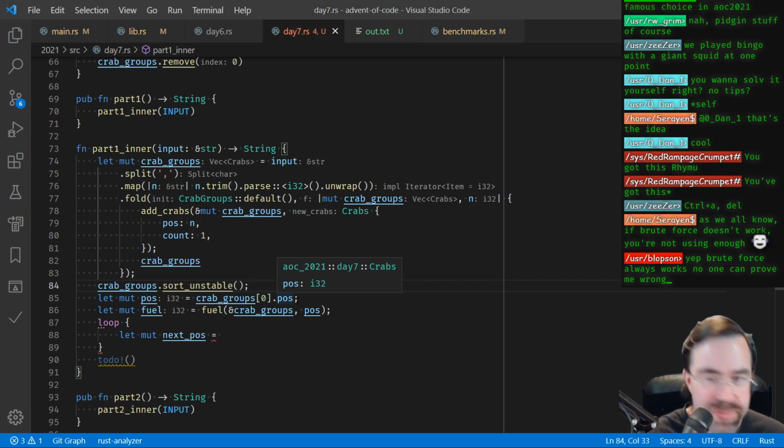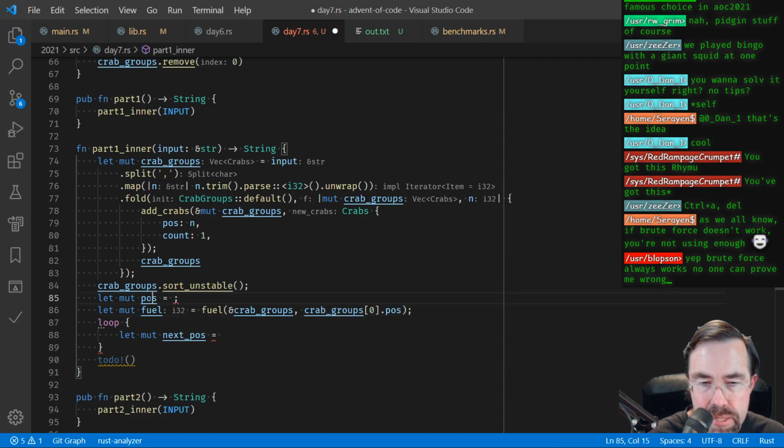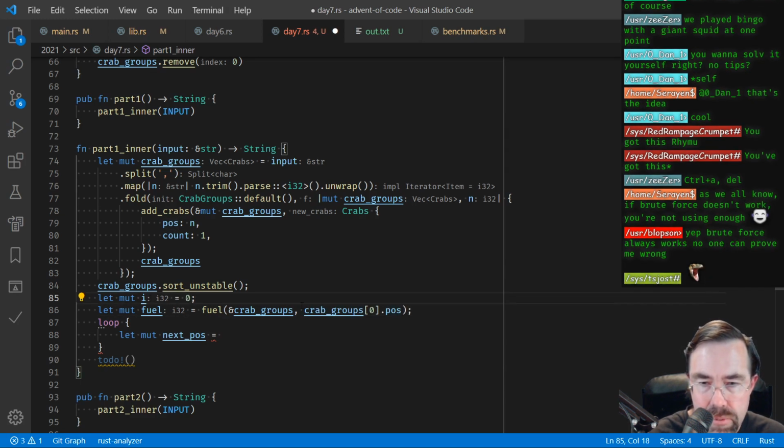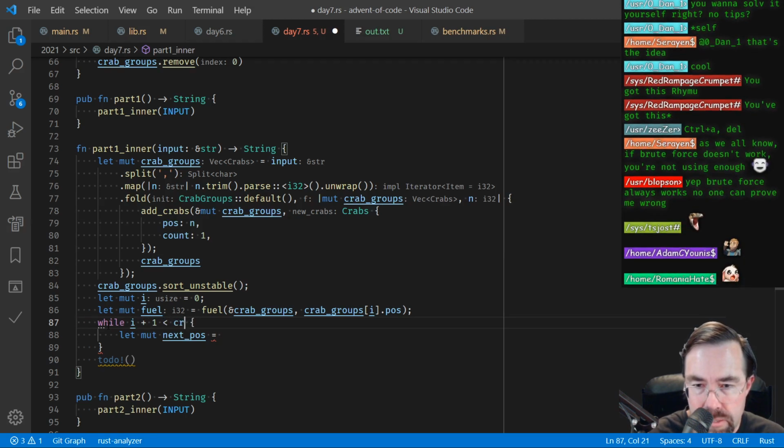No, I'll figure this out. Dirty. We'll do this a dirty way. That means I don't want a position there. I want this to be an index 0 and make that an i. And then I'll make this a while. We shouldn't hit the end though, right? While i plus 1 is less than crab groups dot length.